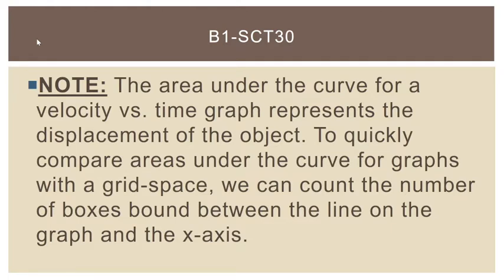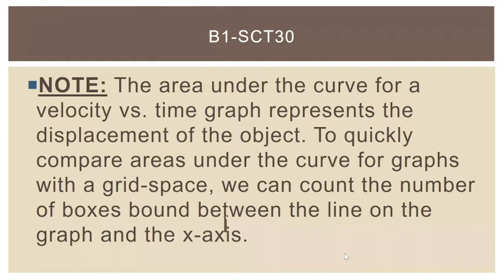To be clear, the AP test asks you to do this, so you should be prepared to do that. Take a second to pause this video to write that down, and when you hit play, take a look at another problem.